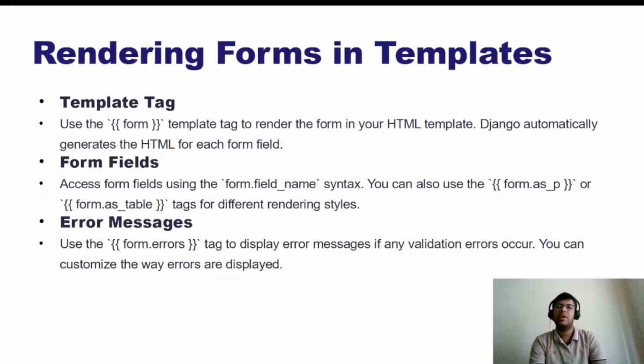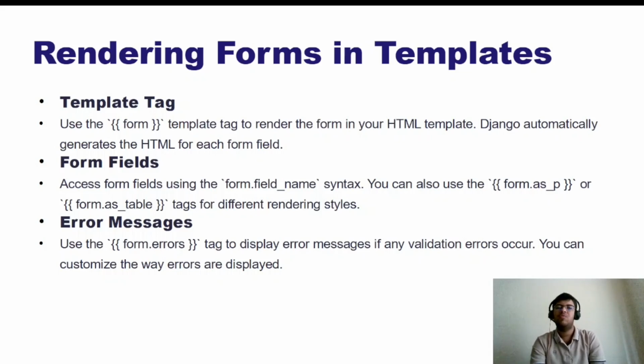Next is rendering forms in templates. Now we have three rendering methods here. First is your template tag. It uses the form template tag, which is provided by Django, to render your form in an HTML template. Here Django automatically generates the HTML for each form field. Next are your form fields.